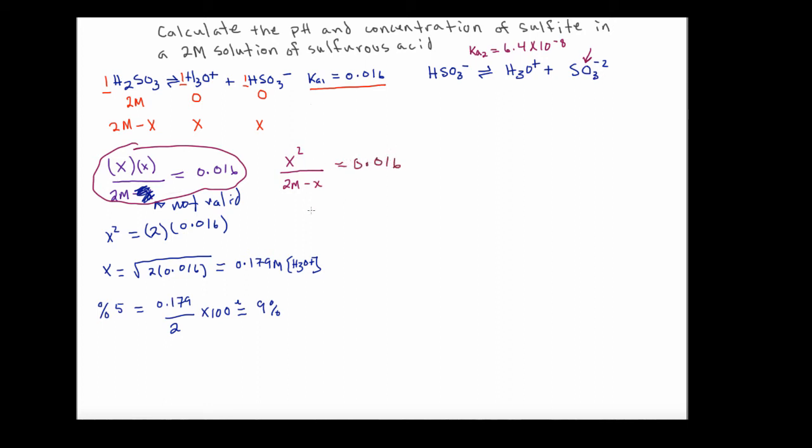Now, when we convert this over and get a binomial equation, it's going to look like this: X squared plus 0.016X minus 0.032, and the whole thing is set equal to 0.